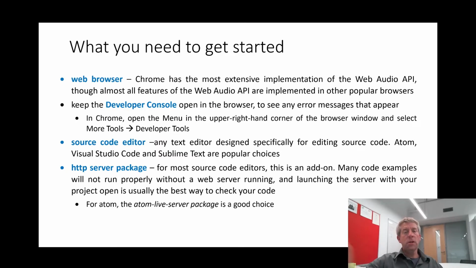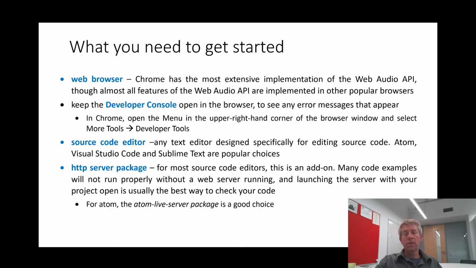First, you need a web browser. Almost any can be used, but there are slight differences in how the different web browsers implement the Web Audio API. So we've gone with Chrome, which at least at the moment has the most extensive implementation. I also recommend that you keep the developer console open in the browser.